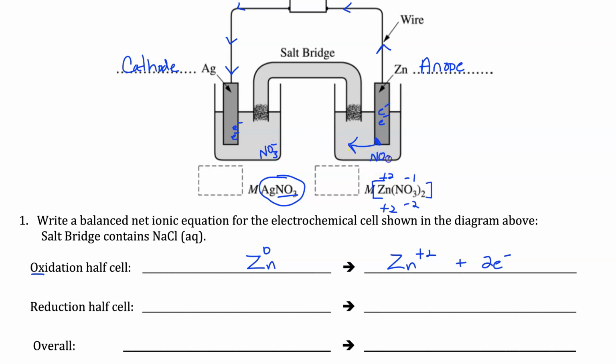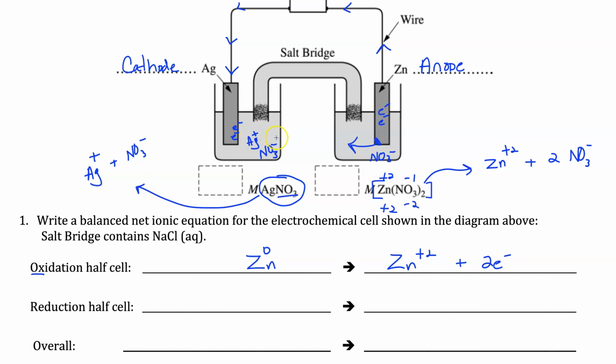I have nitrates on this side because this zinc nitrate dissociates into zinc +2 and 2 of these polyatomic ions. These are clusters that stick together that have a charge. This is going to dissociate in water because all nitrates are soluble. They have weak Coulombic attractions. It is going to become an Ag+. It's a metal, so it becomes positive, and a nitrate. Okay, so that's what happens when they dissolve. So I'll have Ag+ already in here.